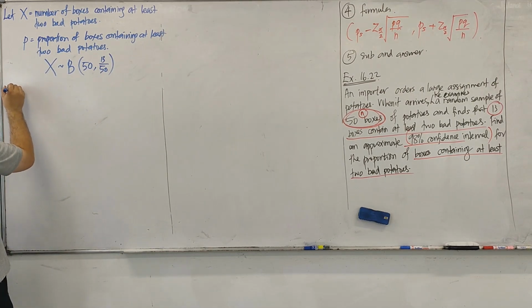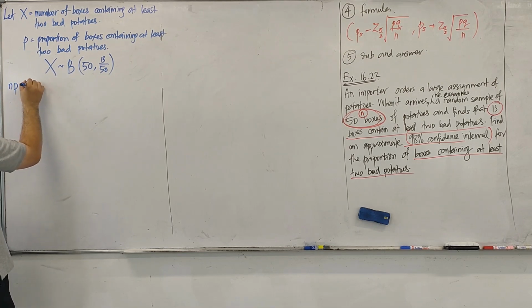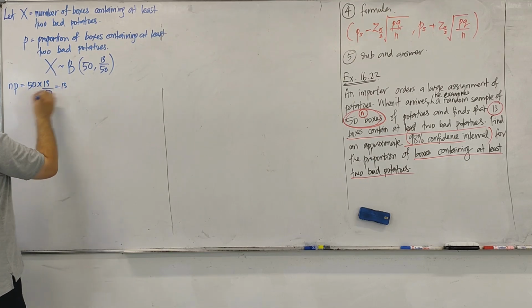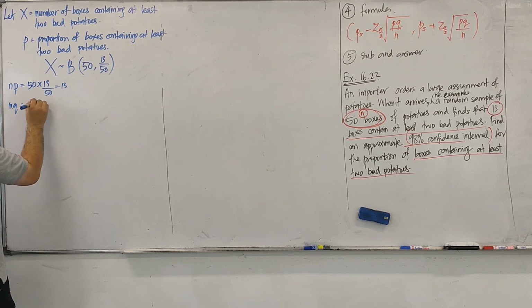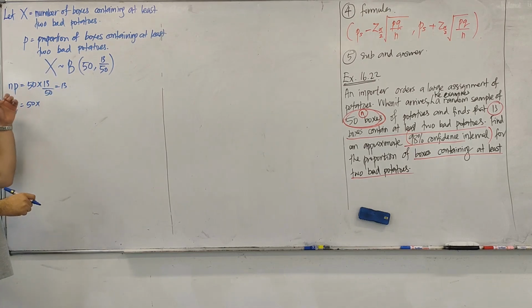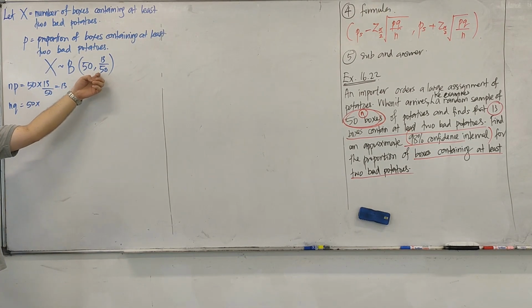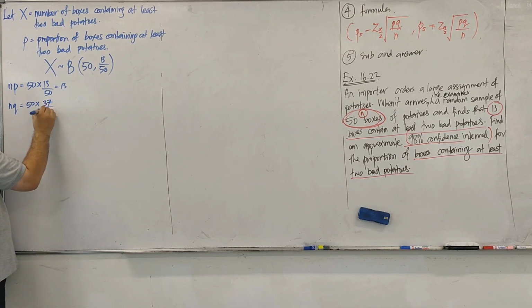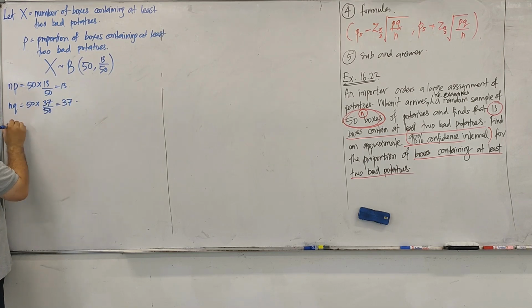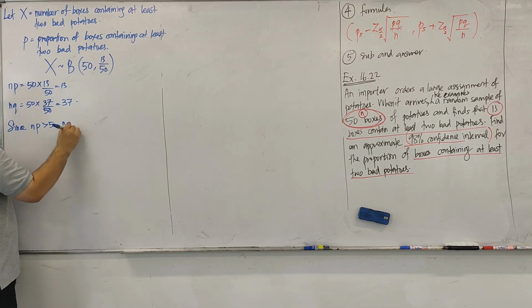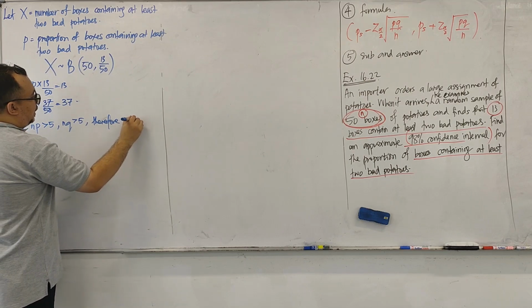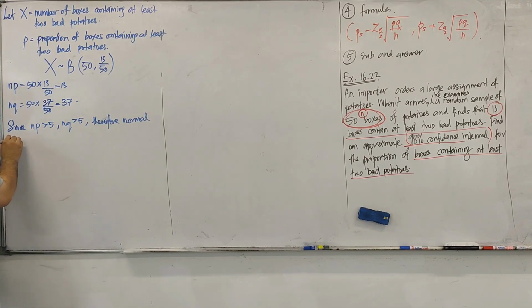Okay, and then step 2, you check your NP. 50 times 13 out of 50, which is 13, and NQ. 50 times, how do you get your Q? 1 minus P is your Q, therefore 37 out of 50, which is 37. Since NP more than 5, NQ more than 5, therefore normal approximation can be applied.